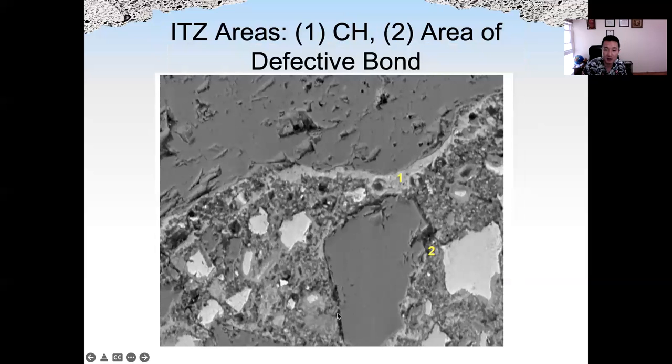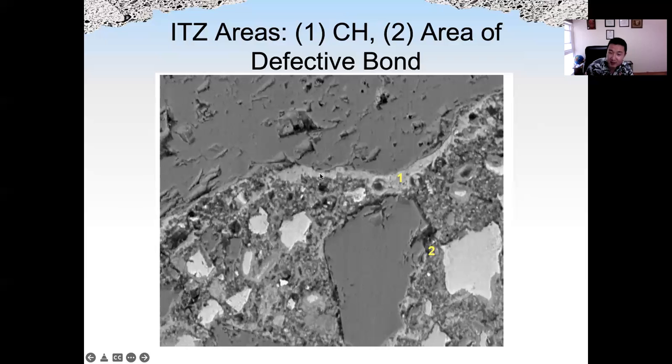So here shows another picture of the ITZ. We can see one is calcium hydroxide. Again, the second brightest color in this picture is calcium hydroxide. The brightest color phase is unhydrated cement.